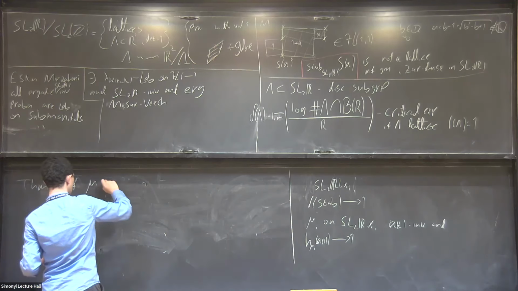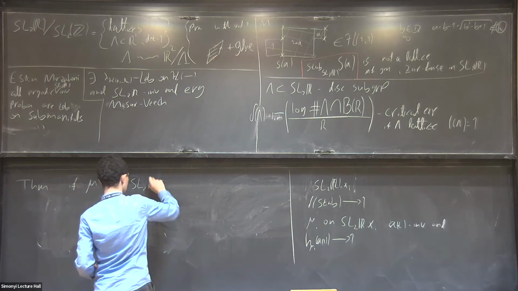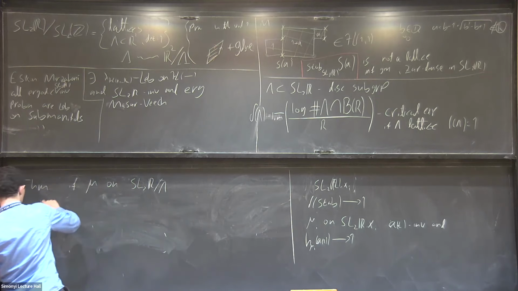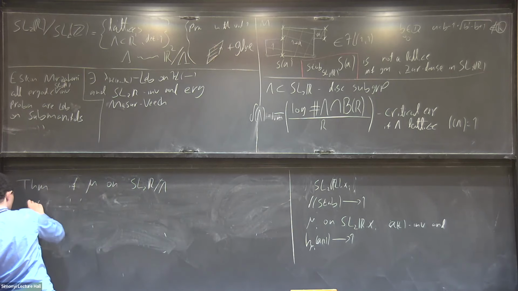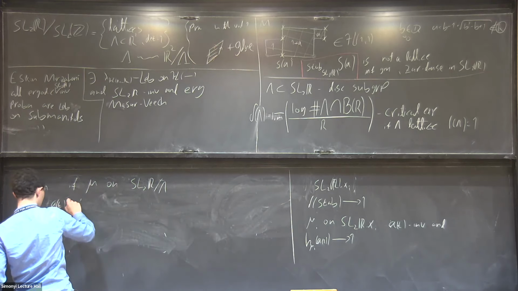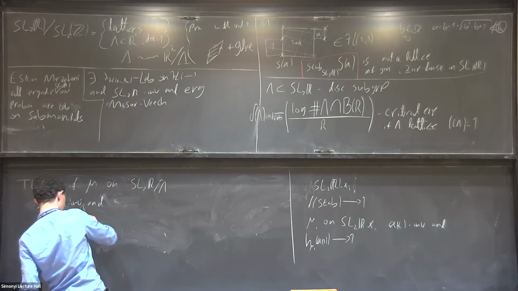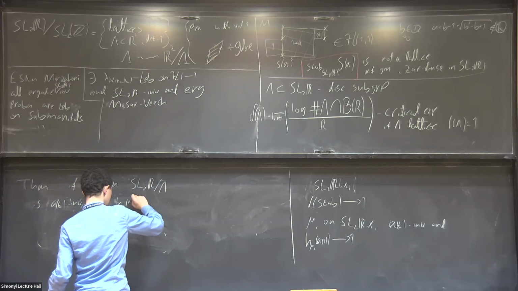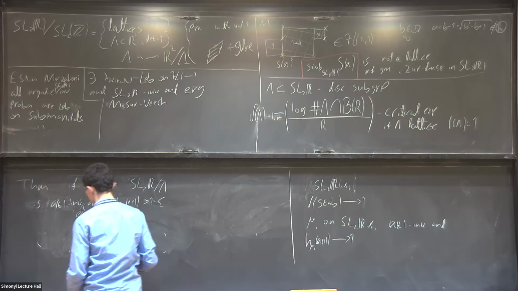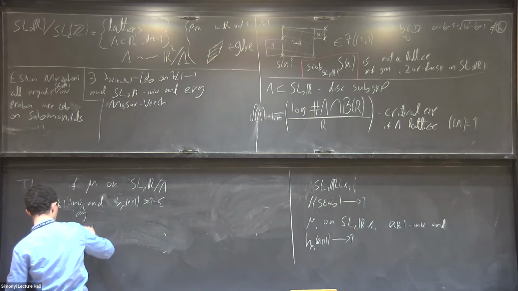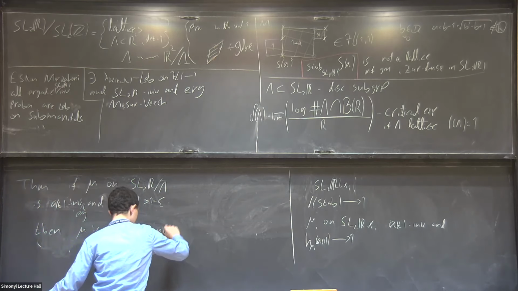If mu on SL2R mod lambda is AT invariant and, let's say, ergodic, and H mu of A1 is greater than 1 minus epsilon, then mu is epsilon SL2R invariant.